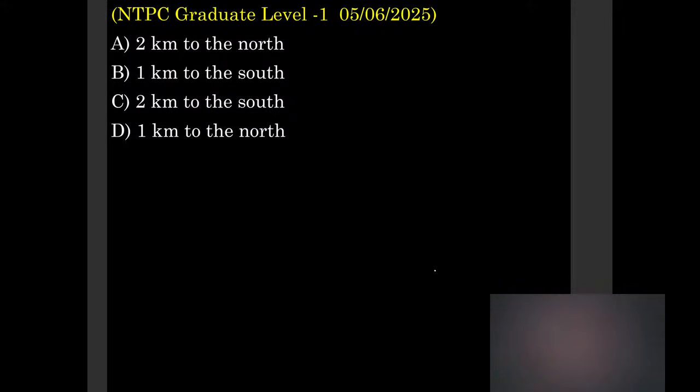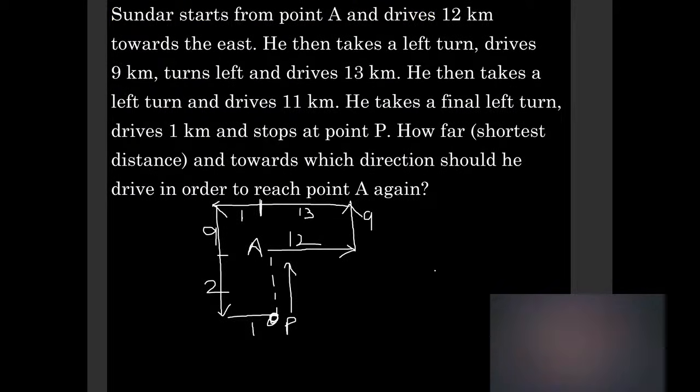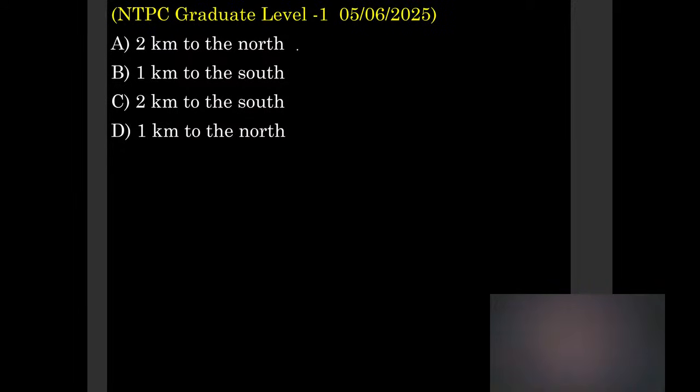So it is clear that he should travel in north direction, and we should also check how many kilometers. Now this part and this part are both equal, so that is equal to 2. So 2 kilometers towards north is the correct answer, which is the first option. Option A is the correct answer.